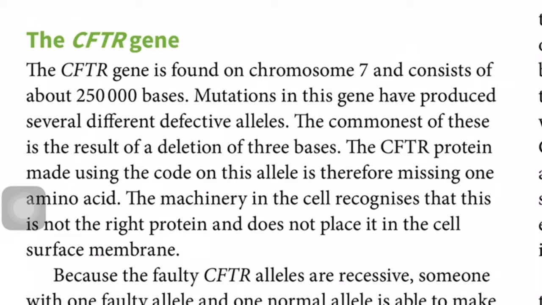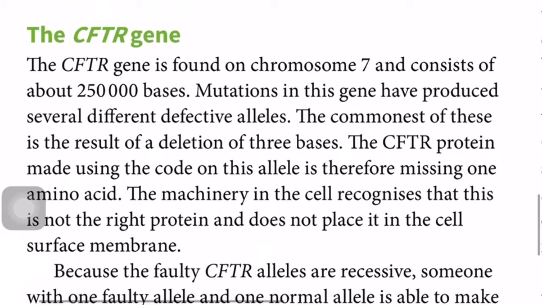The commonest of these is the result of a deletion of 3 bases. 3 bases make one amino acid, so one amino acid is absent from the protein. Thus the shape of the protein changes, how the protein works changes, everything about the protein is changed. Thus the protein cannot do its normal work, and that is why it happens.